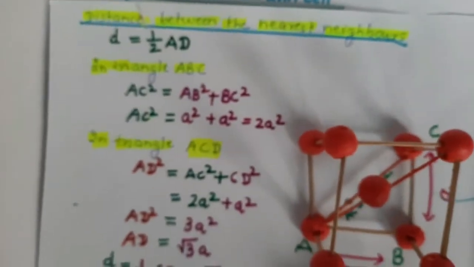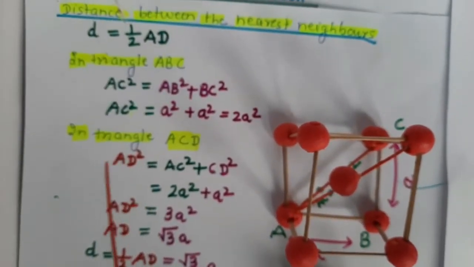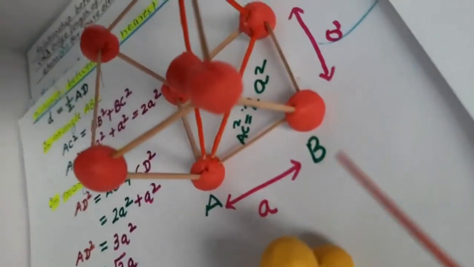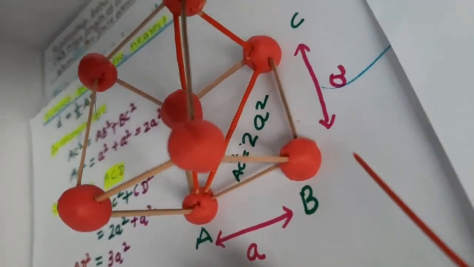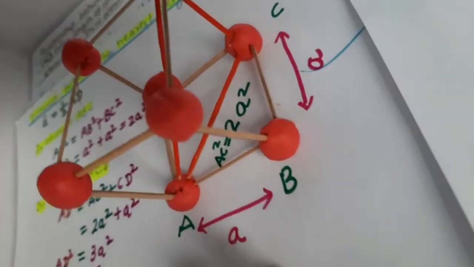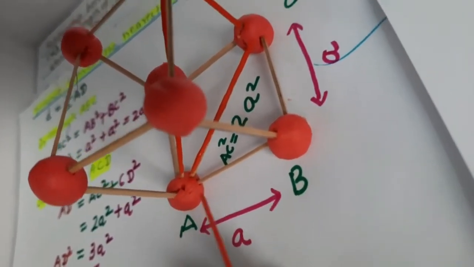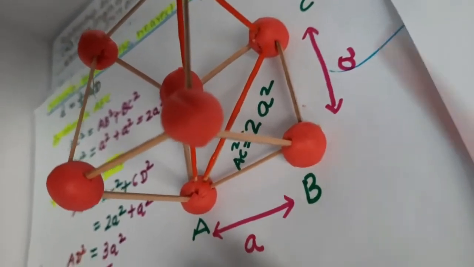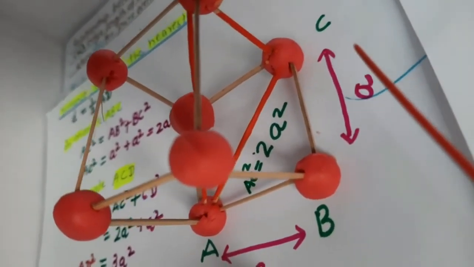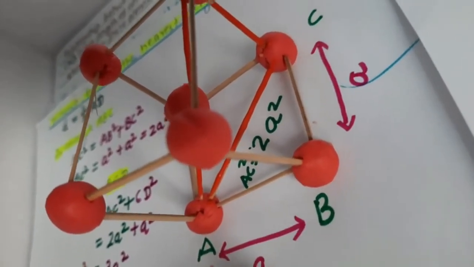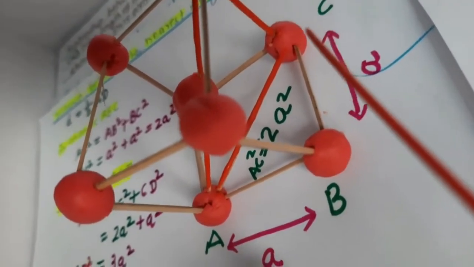Now, let us consider triangle ABC. The edge length is represented by a. Here, AB is equal to a and BC is also equal to a. So, first we calculate AC square in triangle ABC.